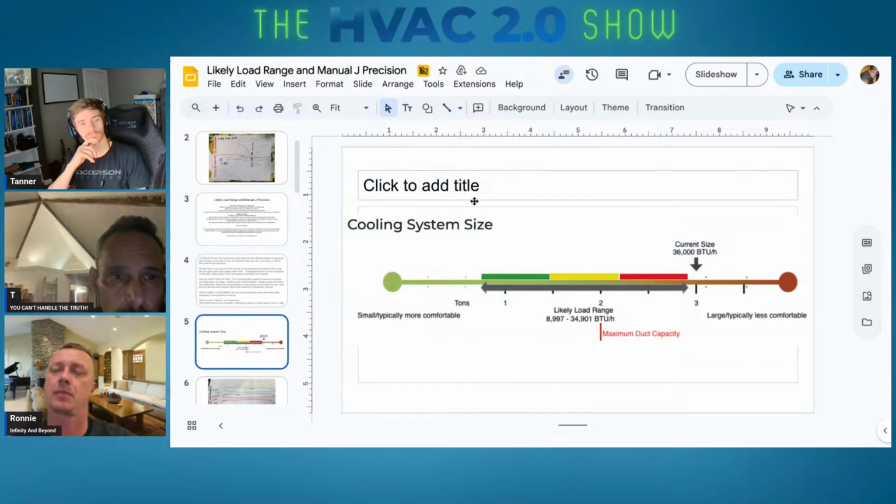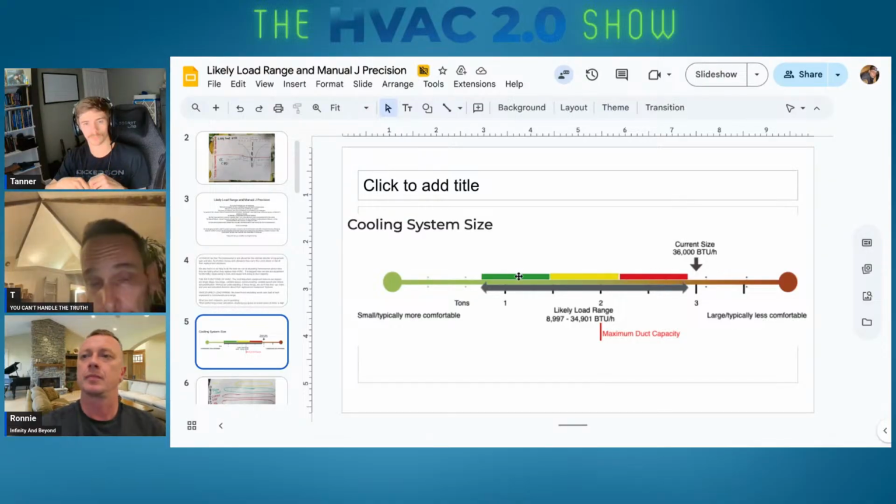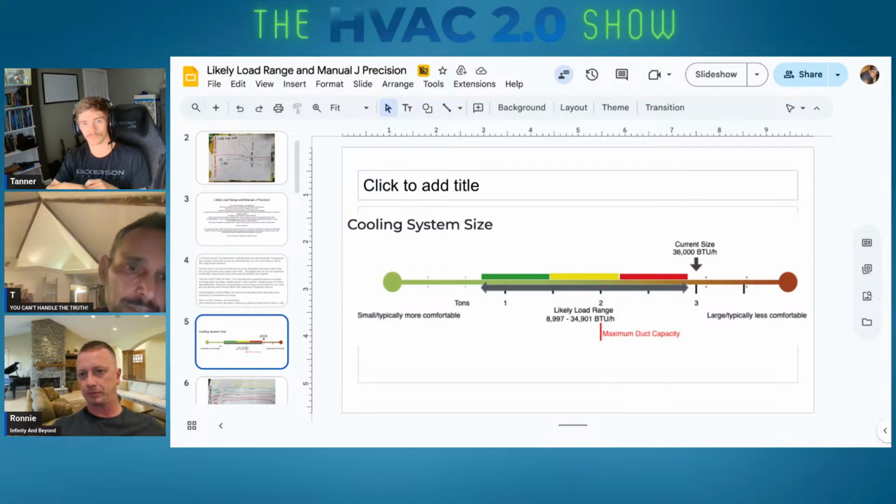So again, this is the cooling likely load range. And in our software, you can explain to the people what their current size is, what the typical size is for houses their size. And then what we do is we break it into red, yellow, and green. And we encourage people, particularly if they're getting single stage equipment, to size to the green.